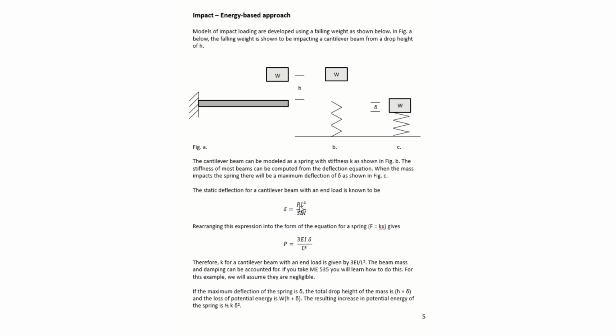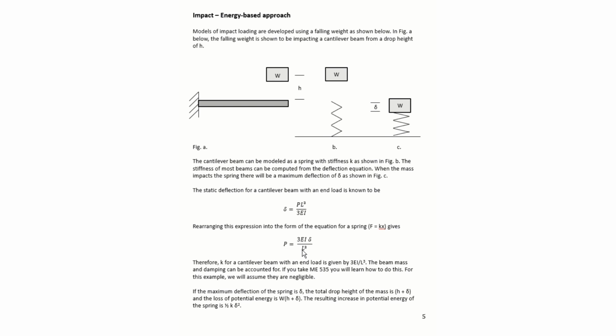If we rearrange the deflection equation for a cantilever beam into this form, with the force equal to the stiffness times the deflection, we get that the force P is equal to 3EI over L cubed times the deflection. And so the stiffness for this cantilever beam is 3EI over L cubed.